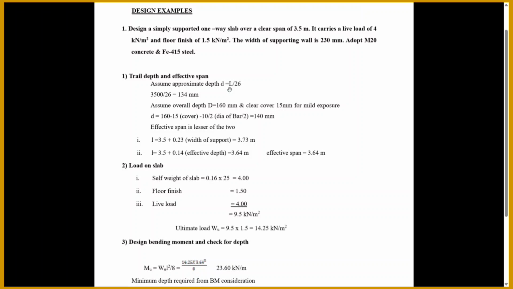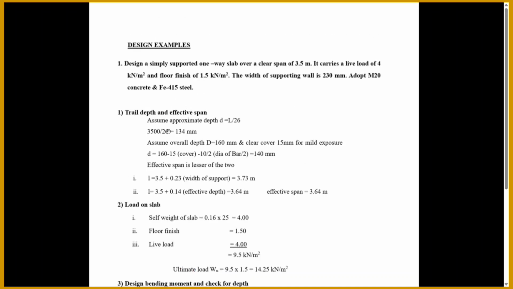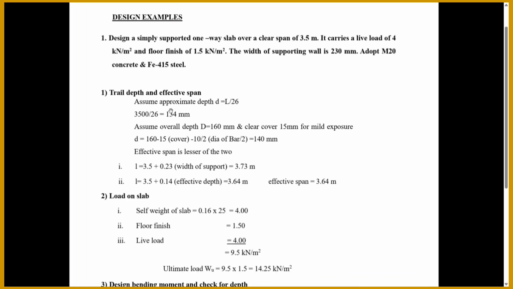Our span is 3.5 meter. You will have to convert it to mm and divide by the ratio. As you can see, our depth is coming 134 mm. Now we will have to assume the overall depth. Overall depth equal to 160 mm.